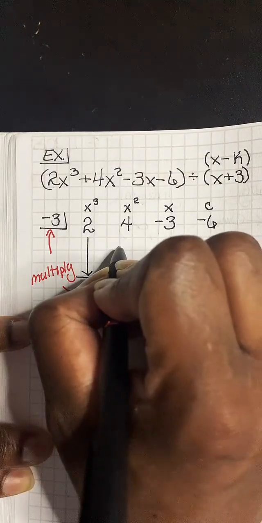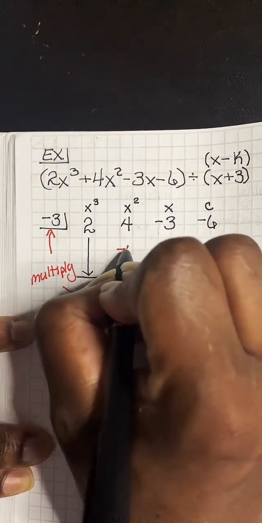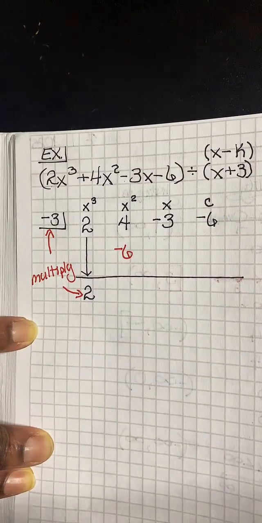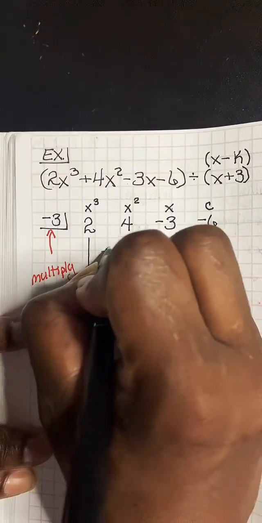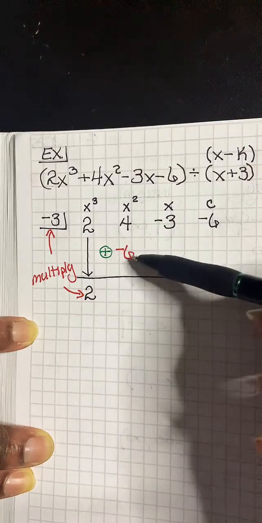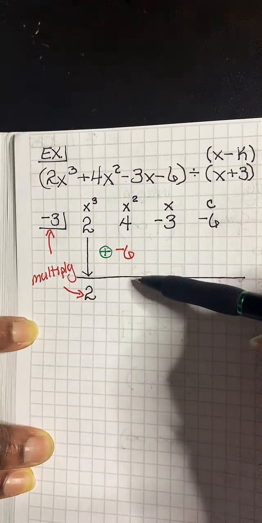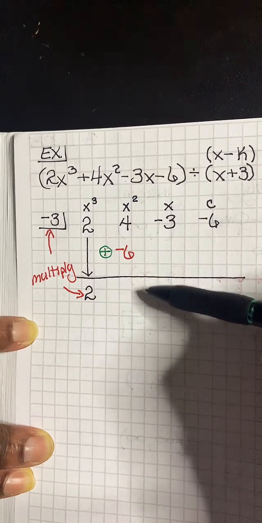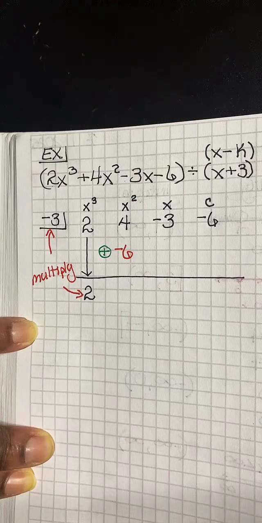So we put our -6 underneath the next term. And what we're going to do is we're going to add those two together. So 4 plus a -6 will give me -2. Do we agree? Yep, -2.